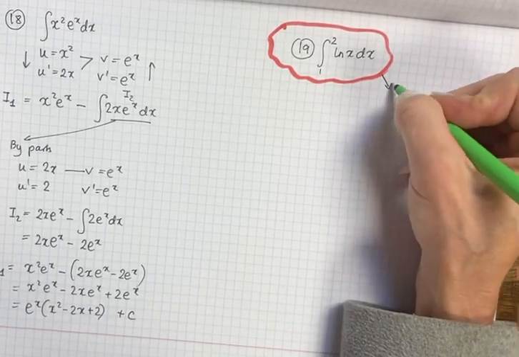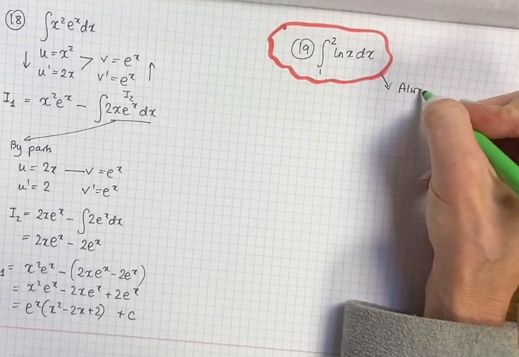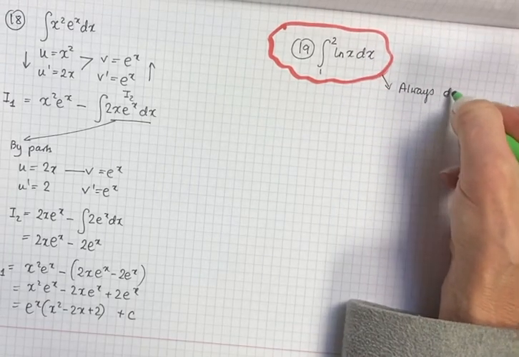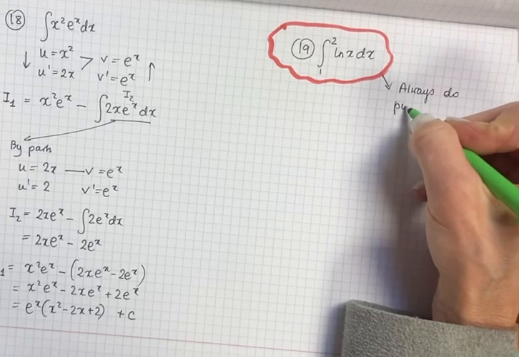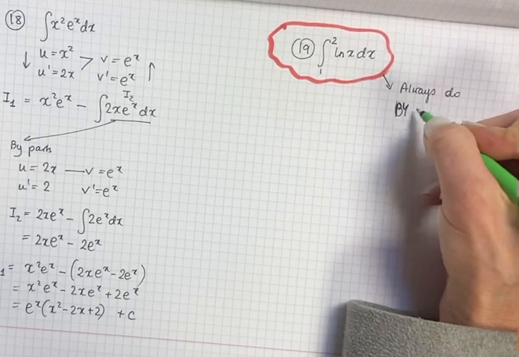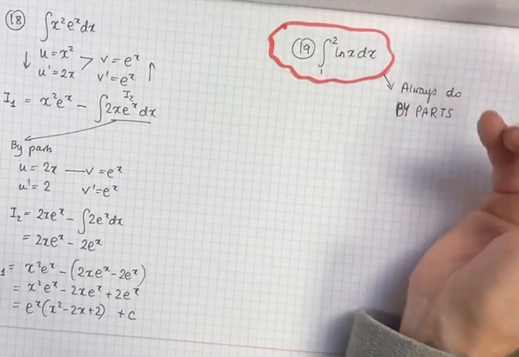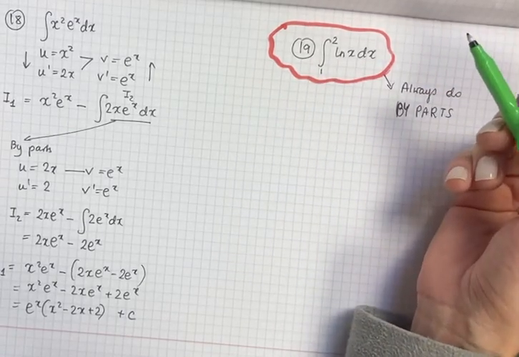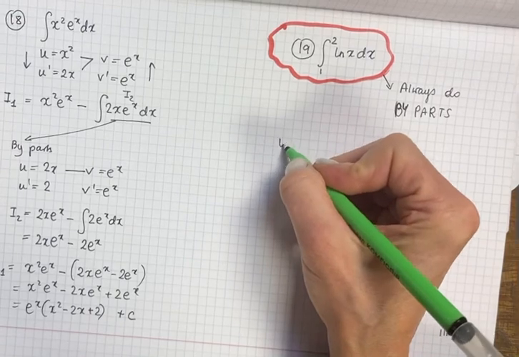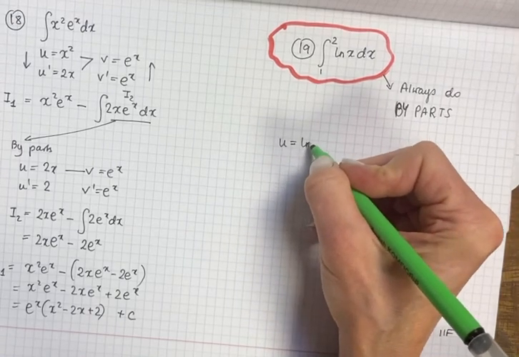So you always do by parts. And the rule is, whenever there is ln x in any question that you are going to do by parts, you will set your u as ln x.